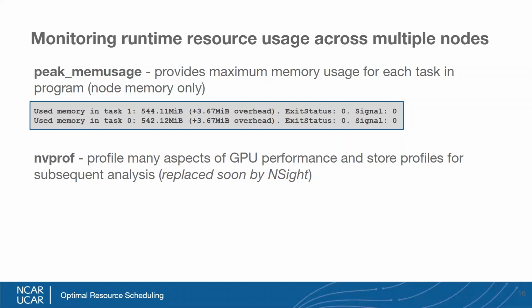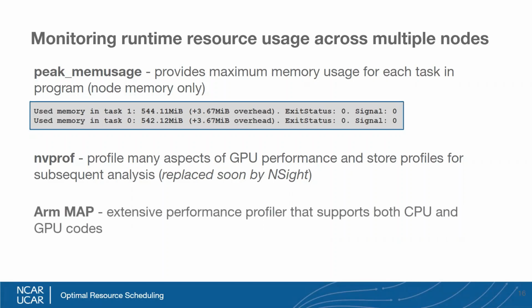So as we move forward, that will take the place of it. But in either case, you can get a lot of information about how your GPUs are getting utilized by your program. And then if you want to extensively profile the performance of a complex code that really uses the CPU and the GPU, or just the CPU, you can run the MAP program that ARM provides.